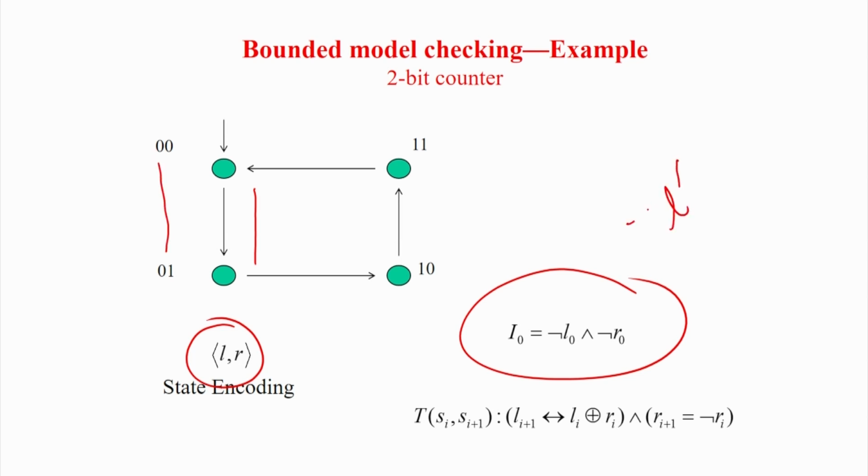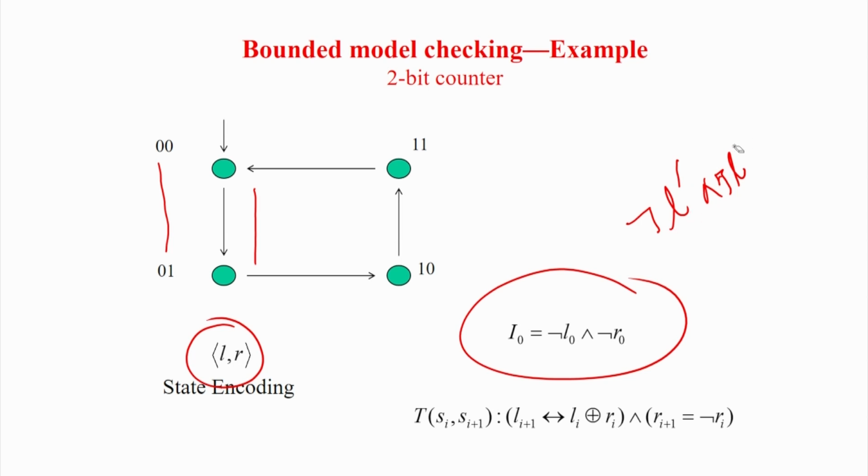So it will be not of L prime and not of L. The negation symbol is used to represent the negation of a variable, because prime is used to represent the next state. This was already seen in symbolic model checking.